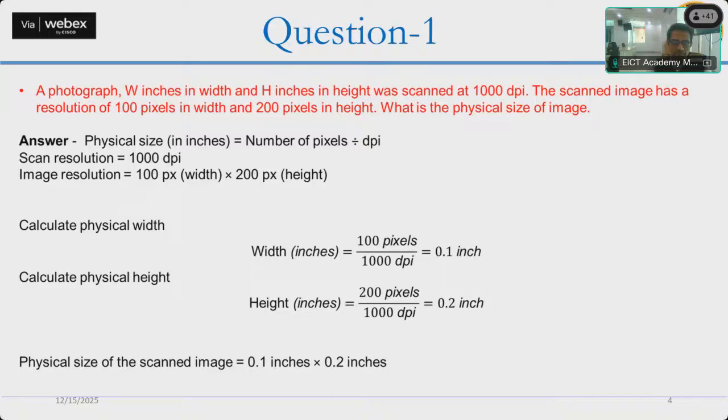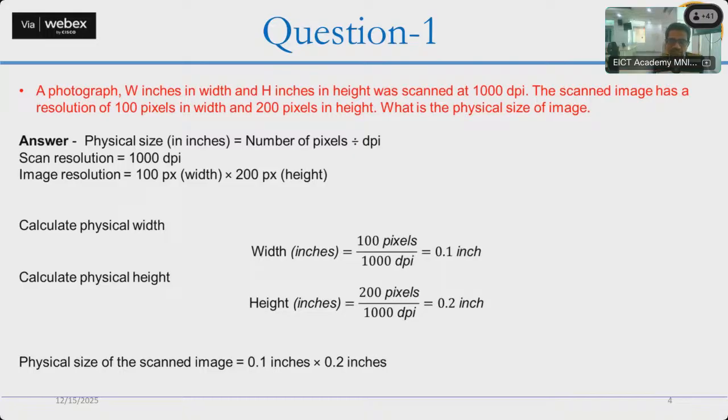A photograph which is W inches in width and H inches in height was scanned at 1000 dpi. What is this DPI? That is dots per inch. So what are the dots?